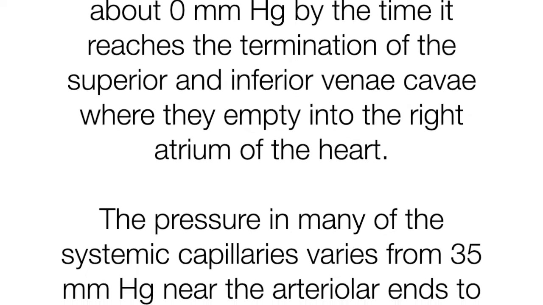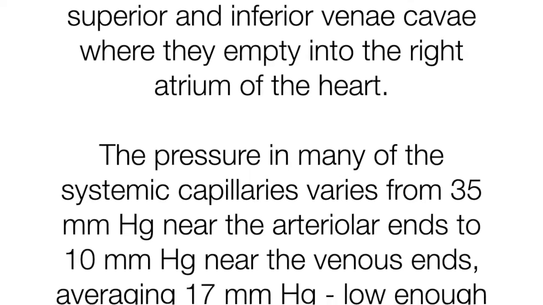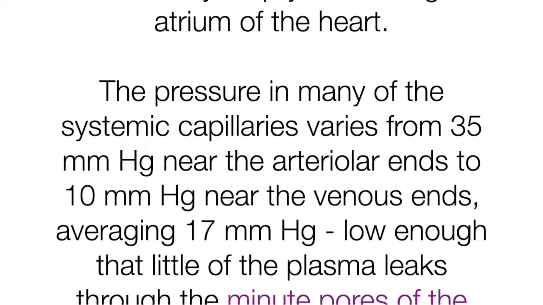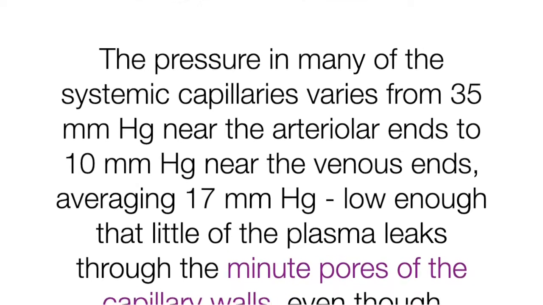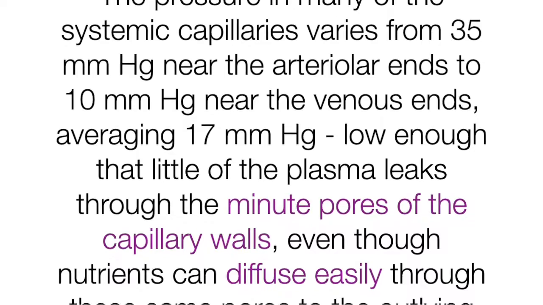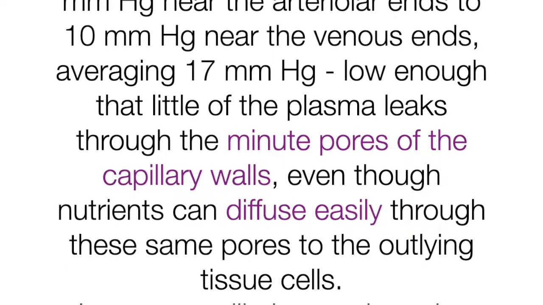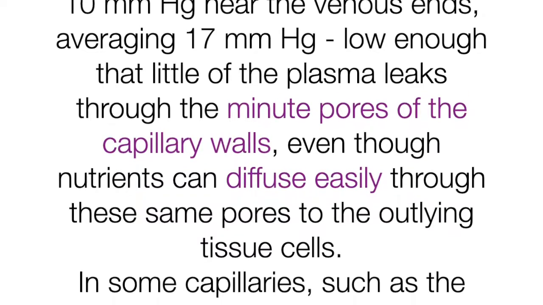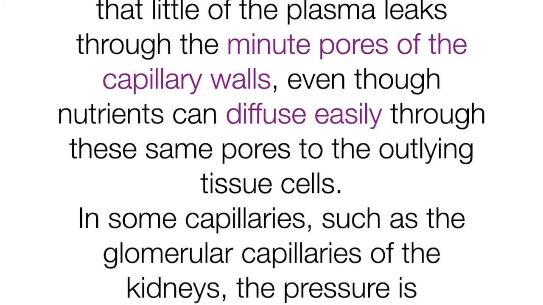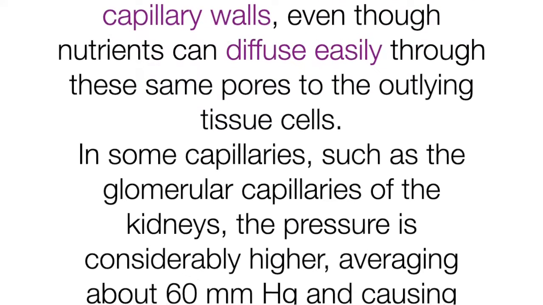The pressure in many of the systemic capillaries varies from 35 mm near the arteriolar ends to 10 mm near the venous ends, averaging 17 mm, low enough that little of the plasma leaks through the minute pores of the capillary walls, even though nutrients can diffuse easily through these same pores to the outlying tissue cells.